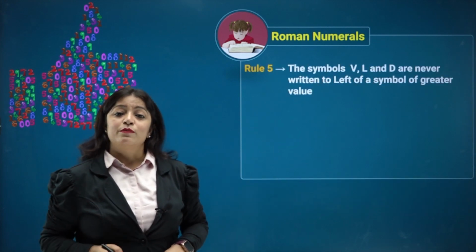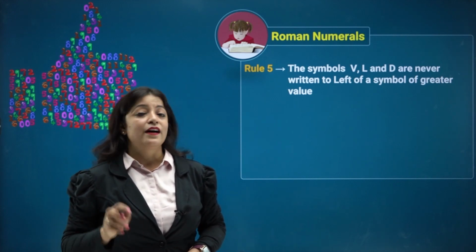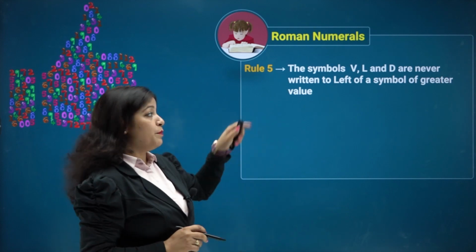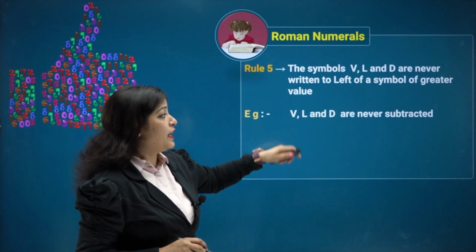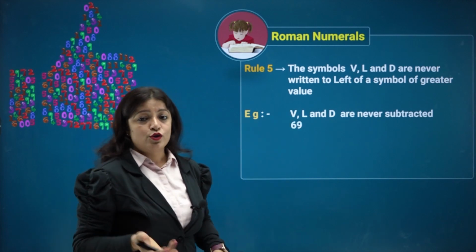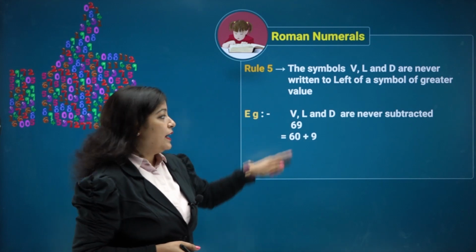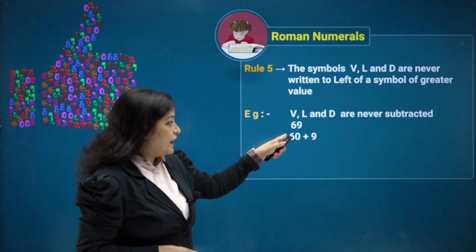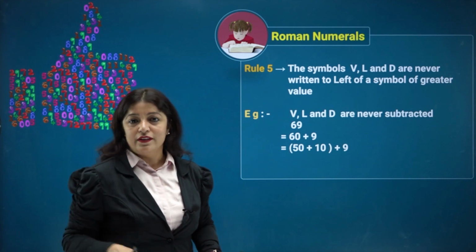Now let us see one more example with the rule. The symbols V, L and D are never written to the left of a symbol. This is a very important thing. VLD are never subtracted. So if I want to write 69, how will I write? I'll first write it in the expanded form 60 plus 9. Then again I will write 60 as 50 plus 10 and then I will add 9 to it.